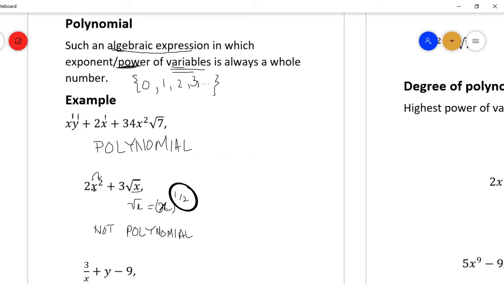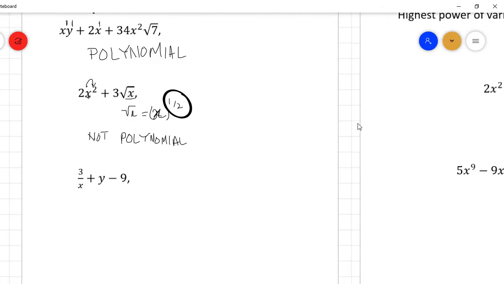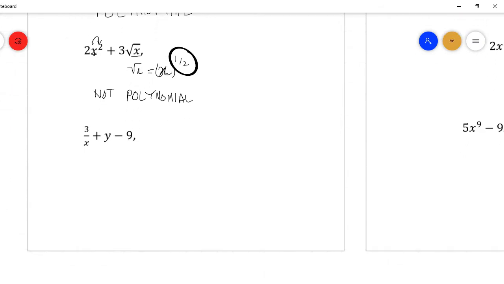Okay, come to the next example, which is 3 by x plus y minus 9. What about this expression? Just compare it. 3 by x. I can write it x power minus 1. How? In the denominator, power of x is 1.